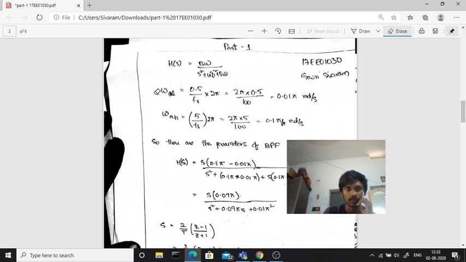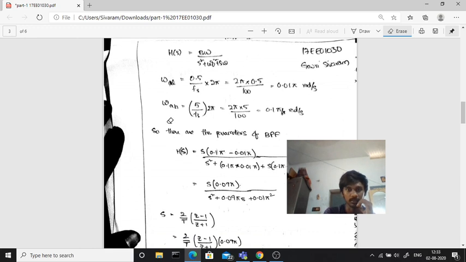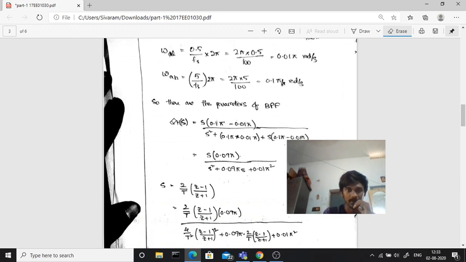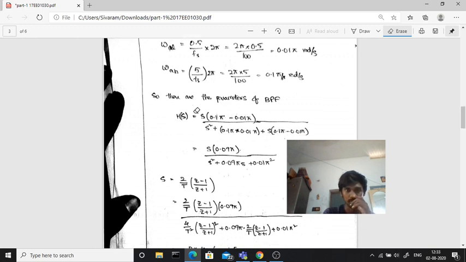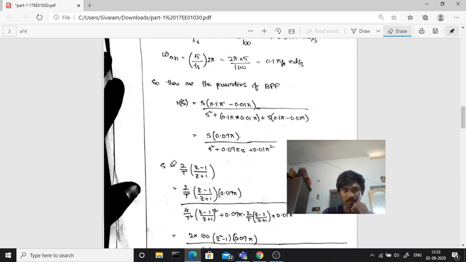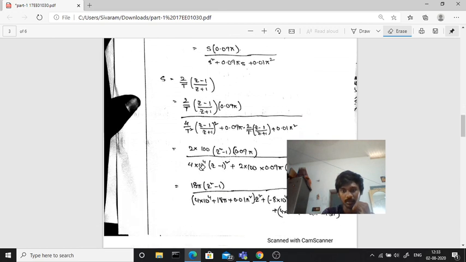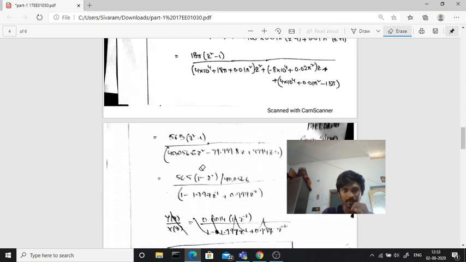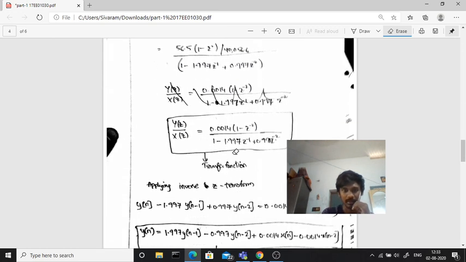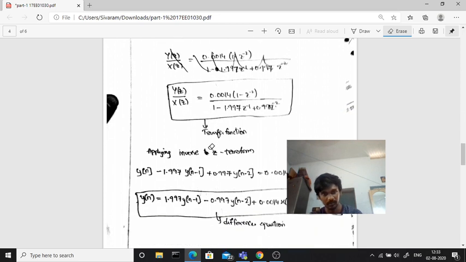So we have the lower and higher frequencies that we need to keep for the band pass filter. By applying the H(s), the equation will become like this. Then s is equal to 2π, and after all the calculation we get the equation, and this is the transfer function that we obtain for the given system.